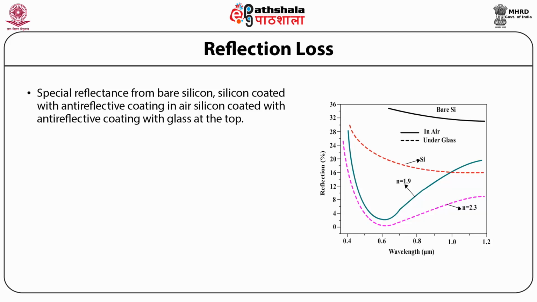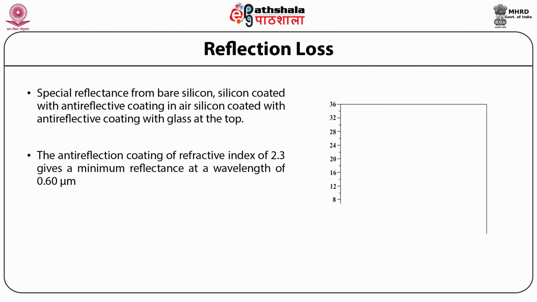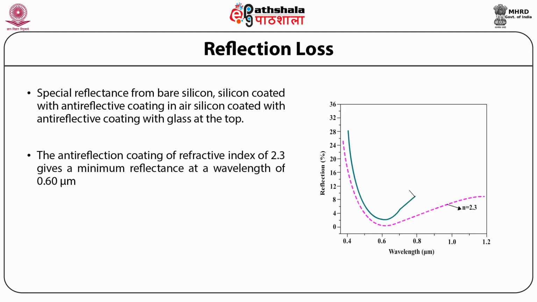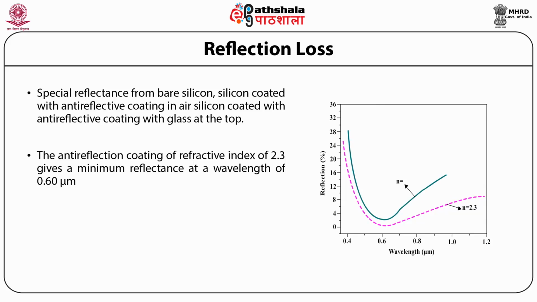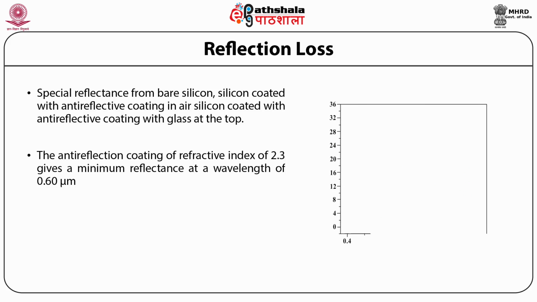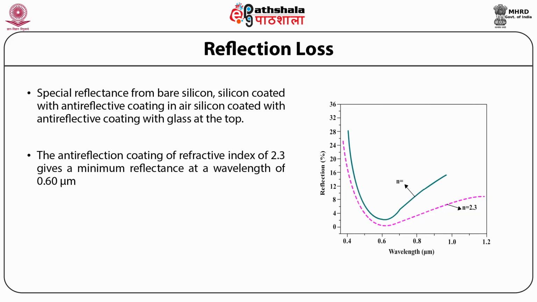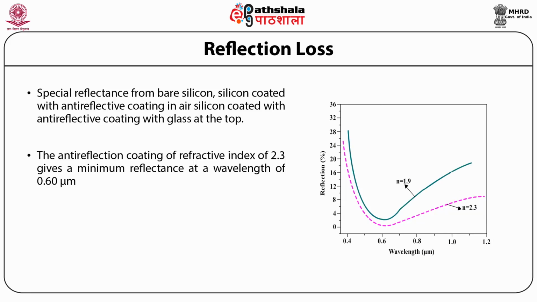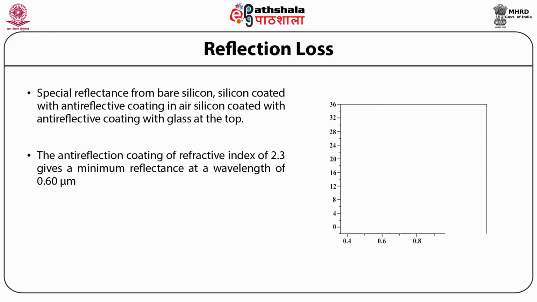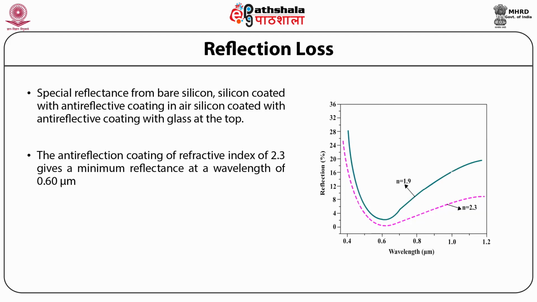In this figure, the anti-reflection coating of refractive index 2.3 gives a minimum reflectance at a wavelength of 0.6 micron, which is shown by this dashed pink graph, and it is kept under n0 equal to 1.5. The value of its refractive index increases to 2.3.